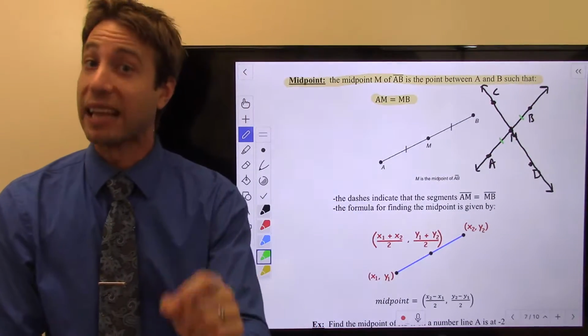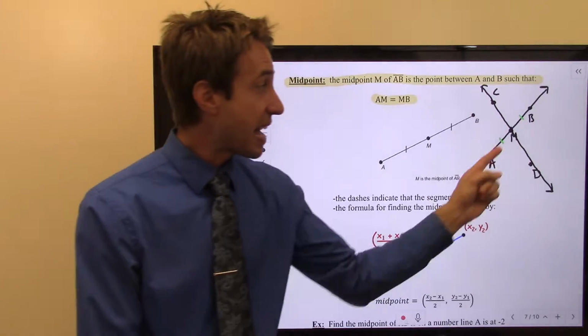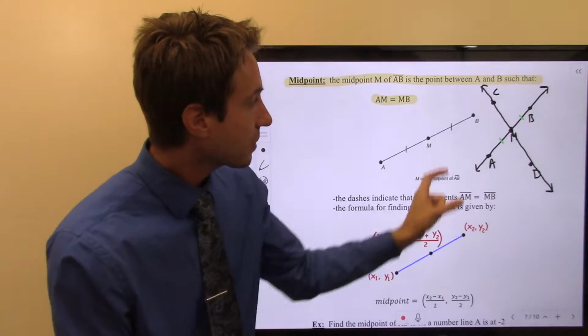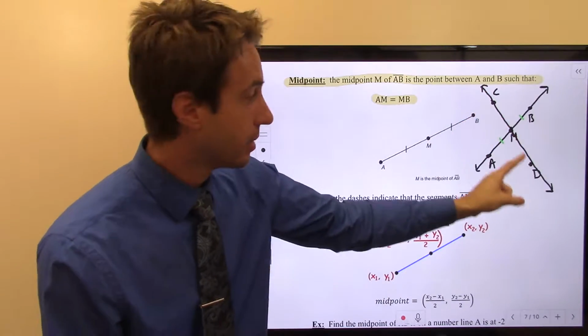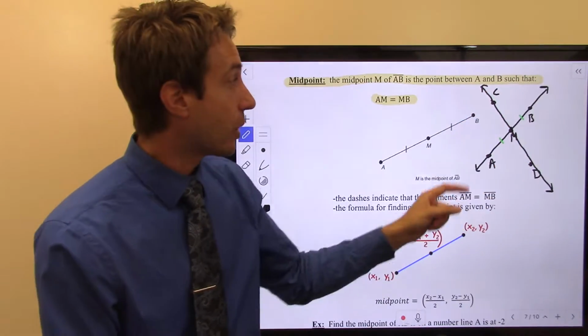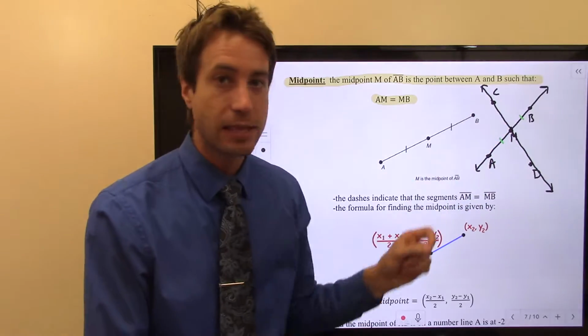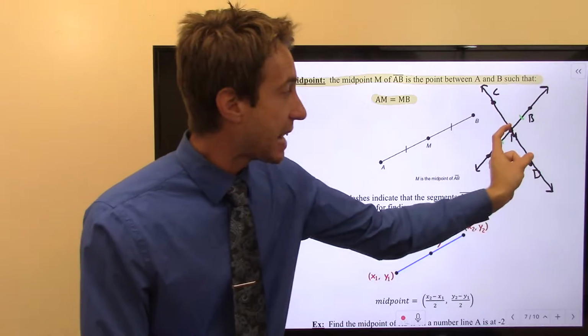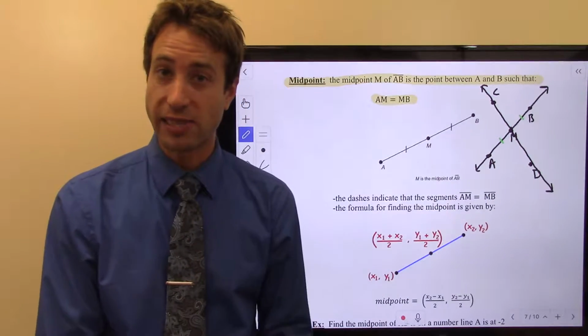But let's say that M is also the midpoint of CD. So if M is the midpoint of segment CD, you know that CM and MD are also the same length.